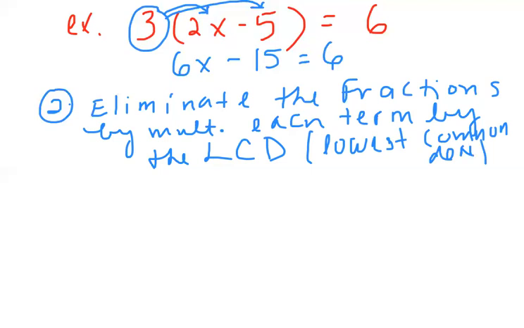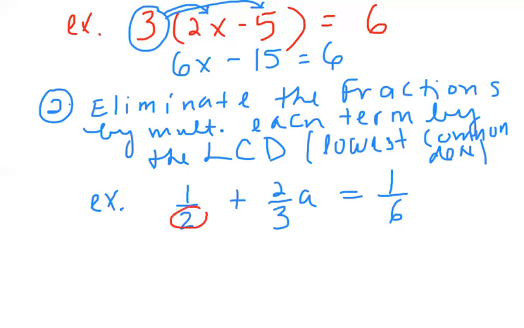Now, here's a quick example of this, guys. Let's say I have 1/2 plus 2/3 a is equal to 1/6. Obviously, there's a whole bunch of fractions in there. I don't want to work with the fractions, so I need to find the LCD between the 2, the 3, and the 6. What is the smallest number that 2, 3, and 6 can go into evenly?